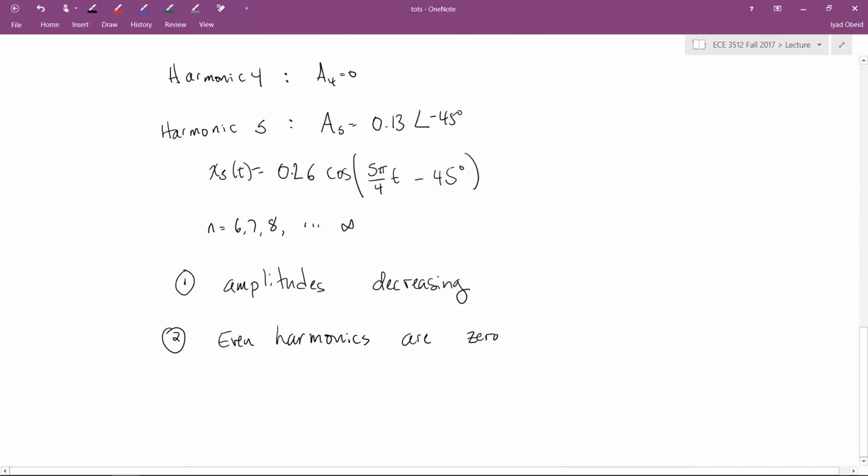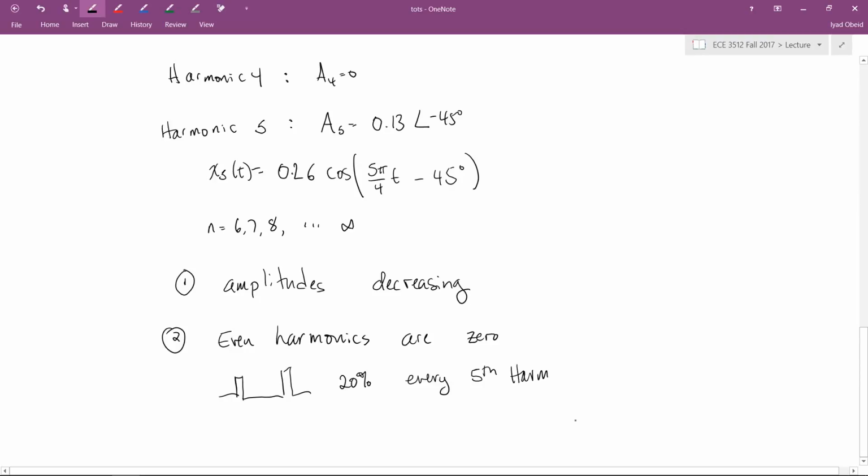That's the pattern. So for example, if we looked at a signal which had a different duty cycle, for example, if the duty cycle was 20%, so 1 part high, 4 parts low, 1 part high, 4 parts low, then we would find that every fifth harmonic is zero.